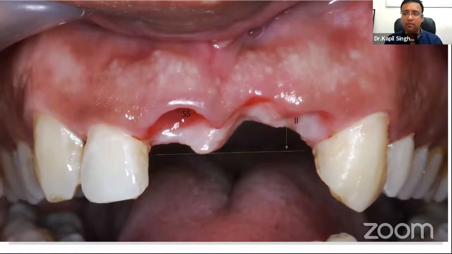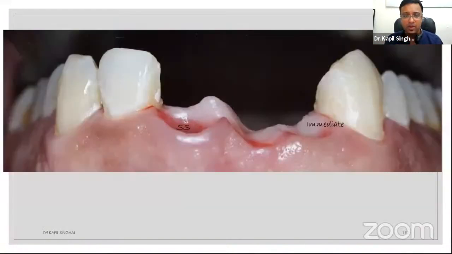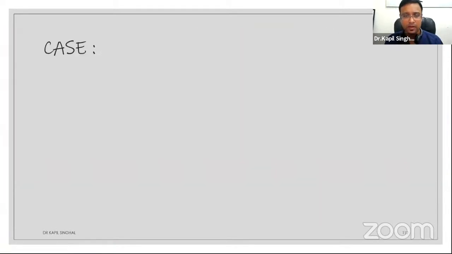So a socket shield is a very good technique, and wherever it is possible, where you can conserve that facial shield of tooth, preserve it, because the PDL fibers attached to that facial shield supply blood to the facial bundle bone that I told you is very thin. So it maintains that bone and hence the interdental papilla. Okay, so the same picture depicts the socket shield side having a higher interdental papilla as compared to an immediate implant.